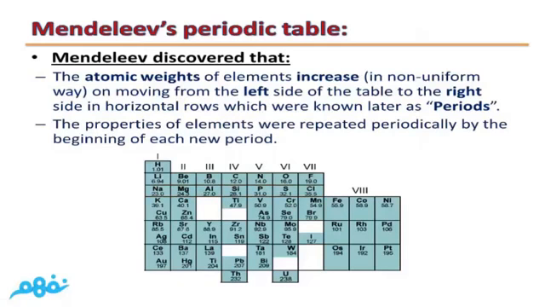Also, Mendeleev discovered that the properties of elements were repeated periodically by the beginning of each new period.